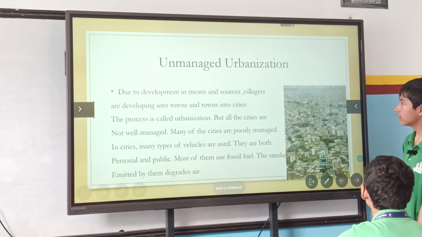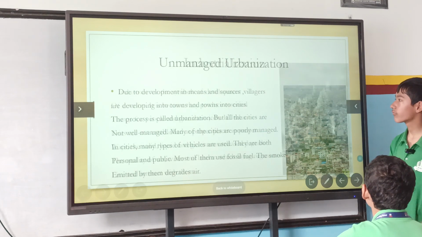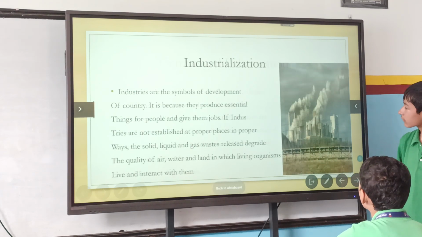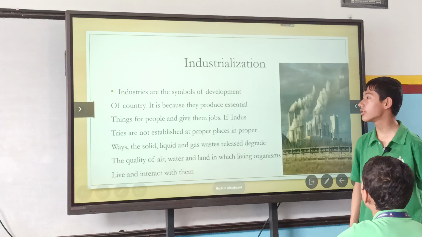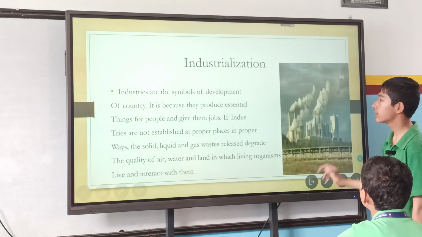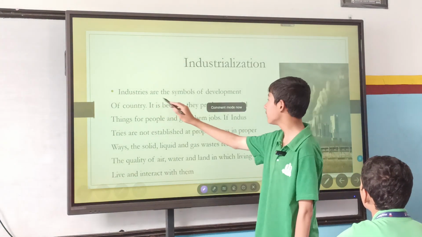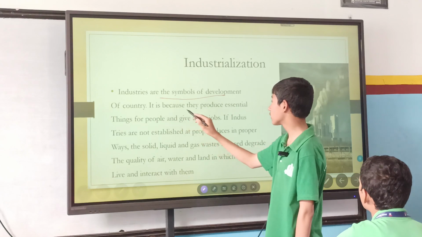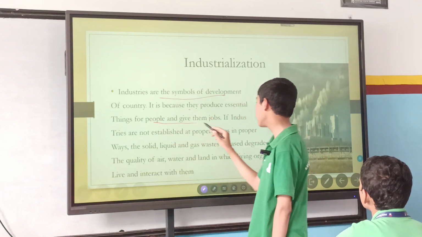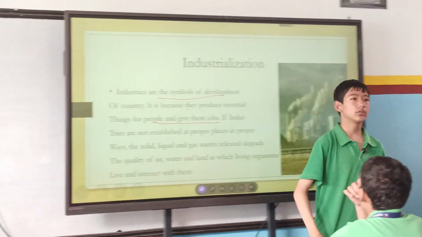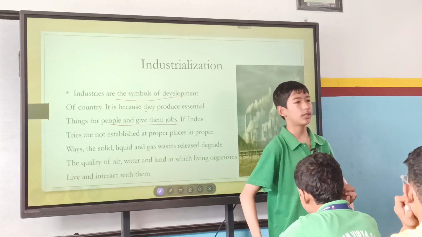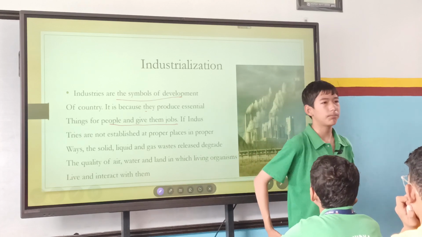So the next slide is like this. Now it is given about industrialization. Industries are the symbols of development of a country. It is because they produce essential things for people and give them jobs. It's true. We all know some countries like Japan are using their industries in a very perfect way.